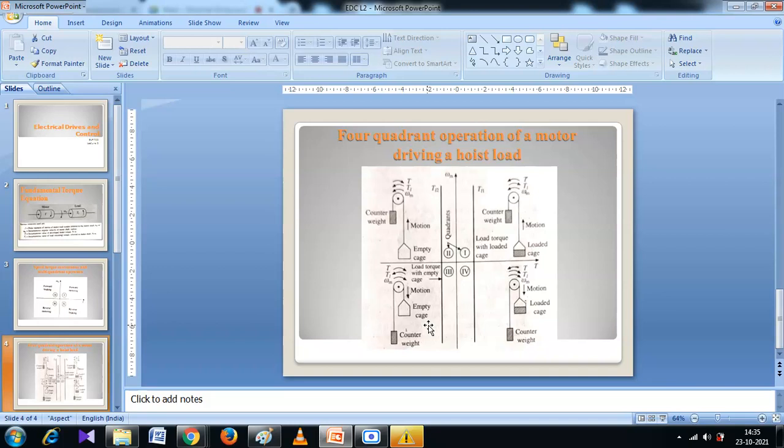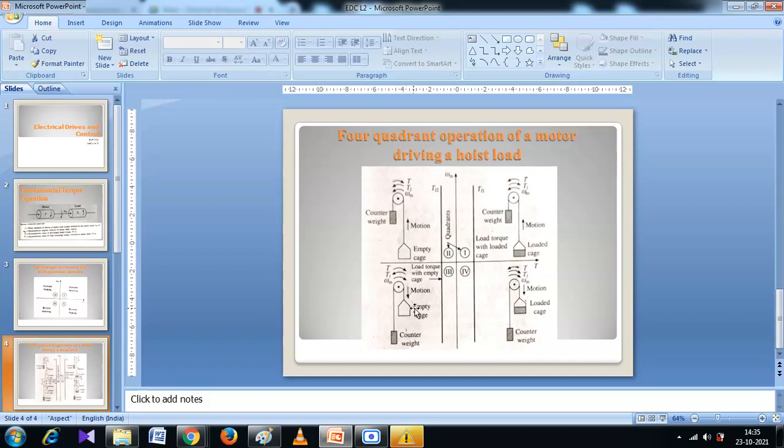What are we considering here? The weight of the empty cage is less than the counterweight. Then if the shaft is like a pulley, what will happen?